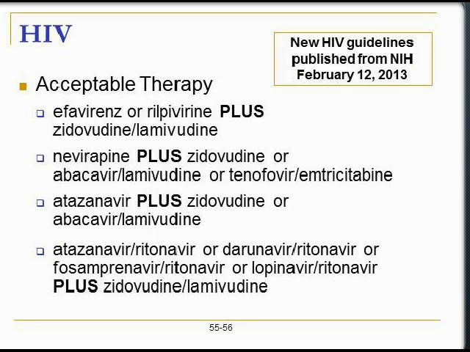All right, we now move even farther down. So we started with preferred, went to alternative, and now we go to acceptable. And these are used in patients who have developed resistance, or they've had to move agents because of side effects or whatever. And so I'm not going to go through these in a lot of detail, but you can read through them. It's the same sort of products, but used in different combinations.